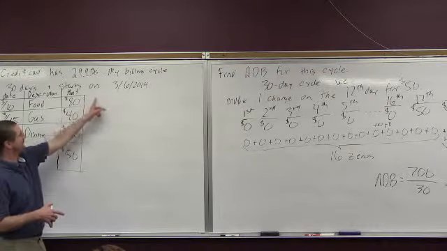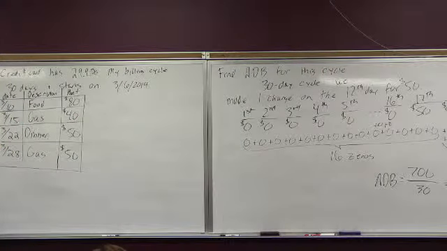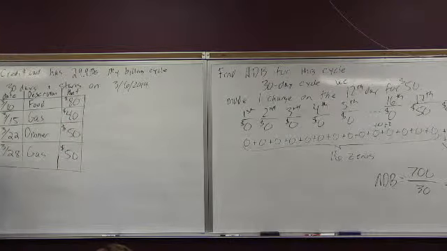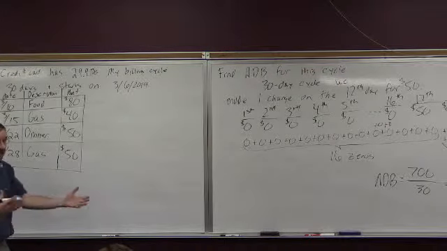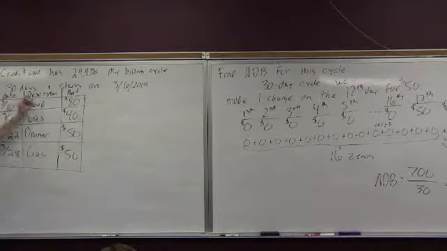So normally this would have been 80, 120, 170, 220, because they want you to know how much you've charged. So at the end, the statement says, you owe us $220, please send it on whatever day. All we want to do for this particular one is calculate our average daily balance. So, how many numbers do I need? I need 30 numbers, because it's a 30-day cycle.